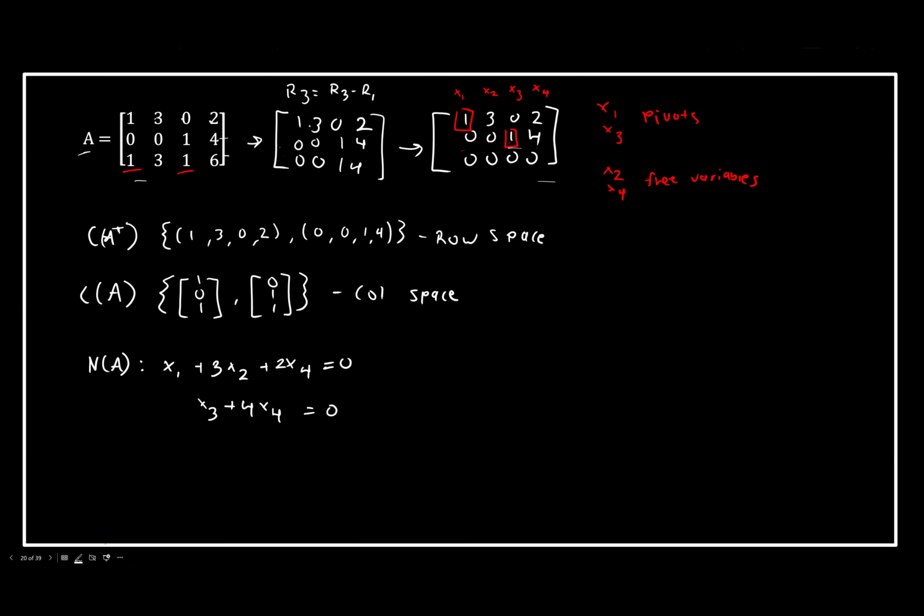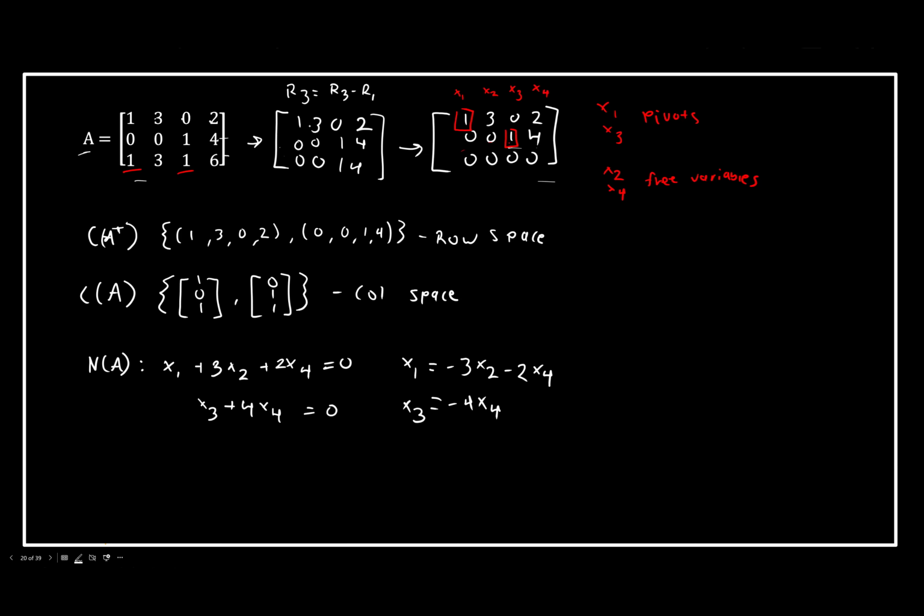So what you can do here is I'm going to say x3 equals negative 4x4, just rearranging this. And I'm going to solve x1 equals negative 3x2 minus 2x4. So we know that there's going to be a dimension of 2, because the dimension of our null space is always equal to the number of columns minus the rank of our matrix.